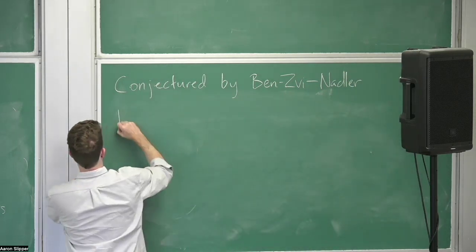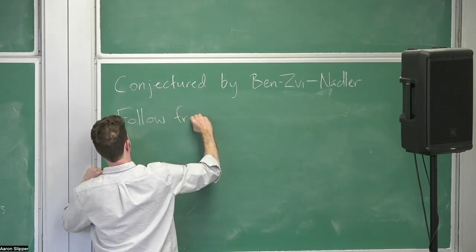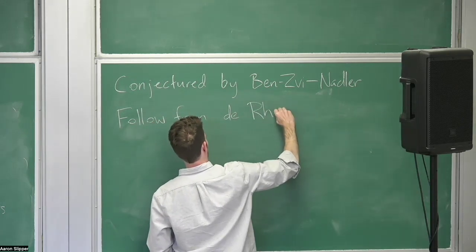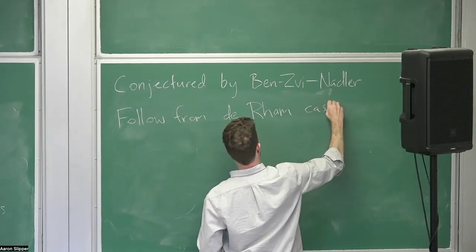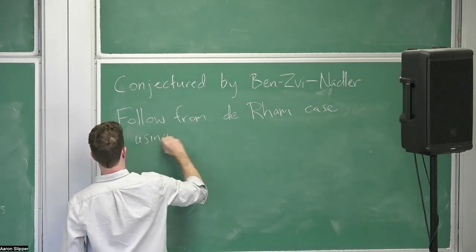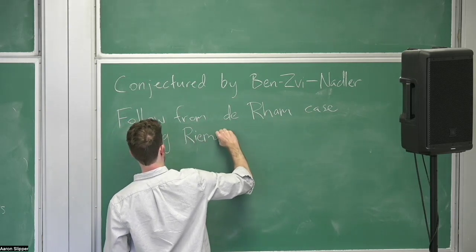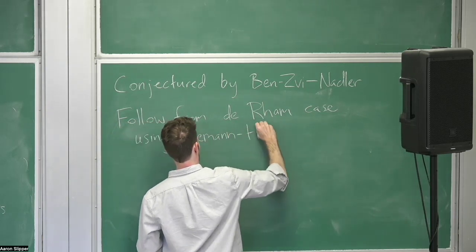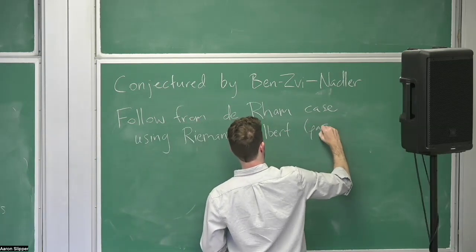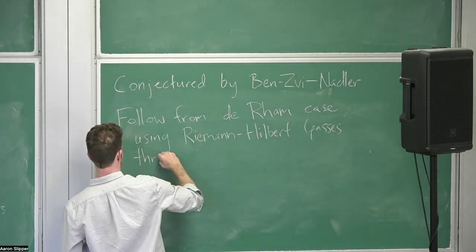And it does follow, in fact, from the de Rham case, using Riemann-Hilbert, although be a little careful because there's some subtlety here. So this line of argument will pass through the restricted equivalence that I have introduced.